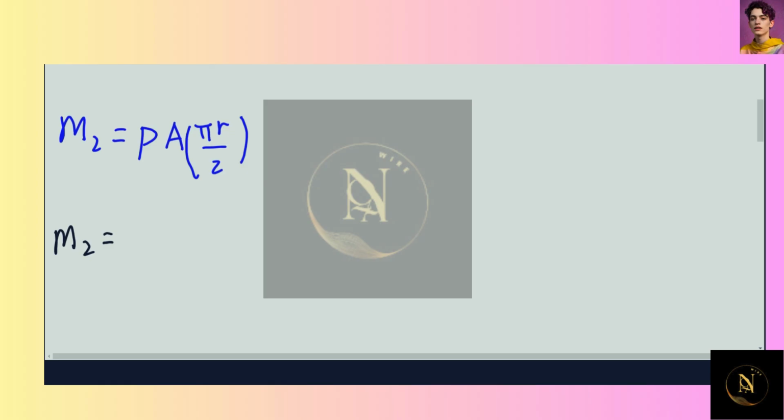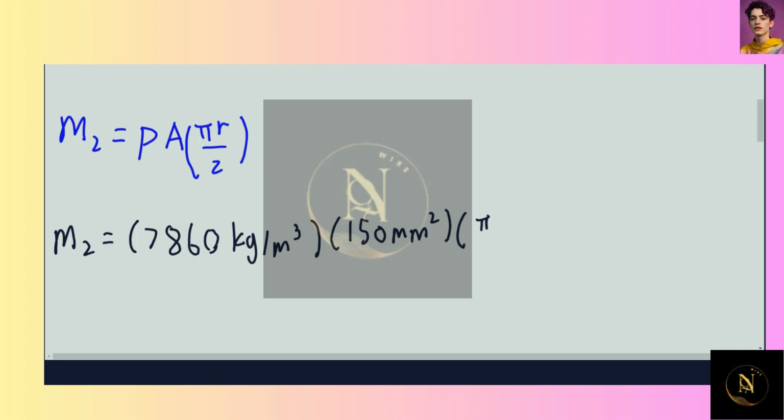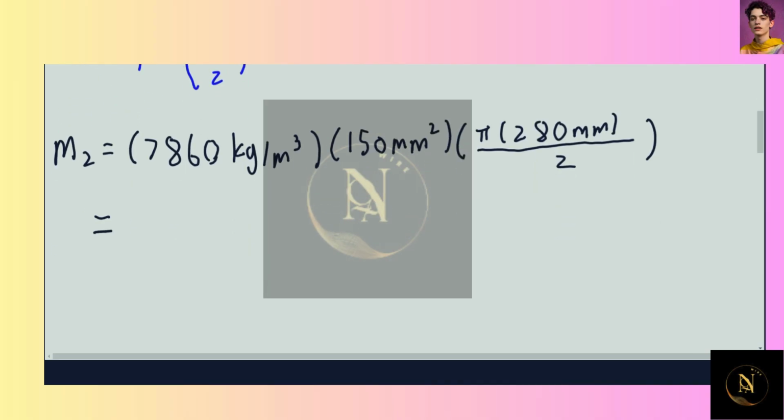And in this case, r is going to be equal to 280 millimeters. So we plug in the new value for r, and so the mass of the second area is equal to 0.518 kilograms.